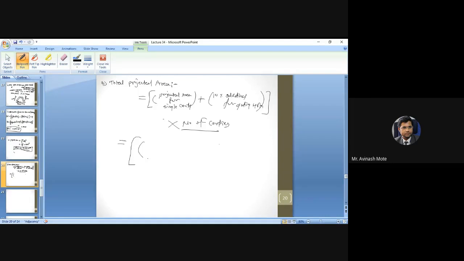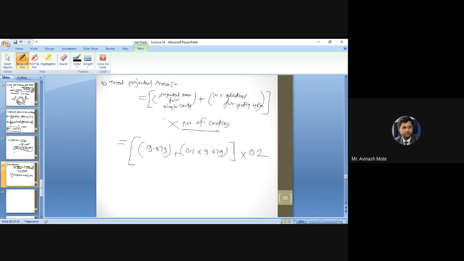Projected area for single cavity is 9.079 into 10% of the area of single cavity, which is the additional area for the gating system, multiplied by the number of cavities. So we have to consider two cavities.